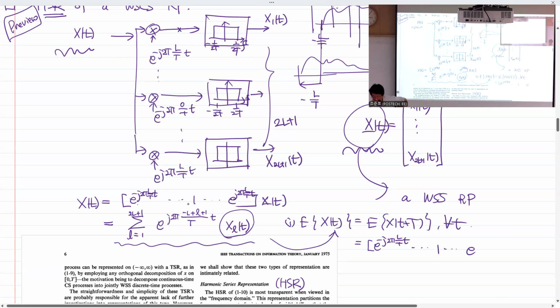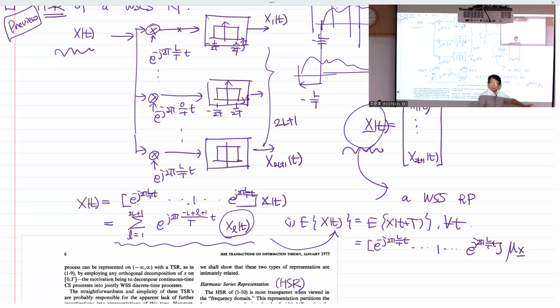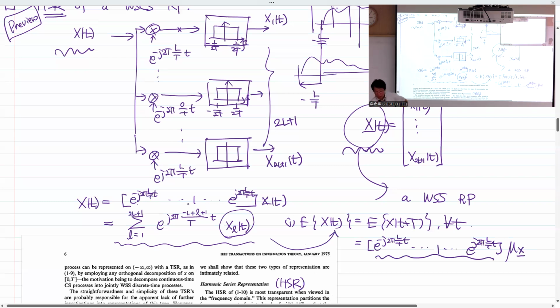You have actually e to the negative j 2 pi l t over T, dot dot dot, 1, dot dot dot, e to the j 2 pi l over T t. And here, some constant vector. Am I right? Now, you multiply this row vector with the column vector, then what do you have? You have a weighted sum of these entries. And what happens if you replace t with t plus capital T?